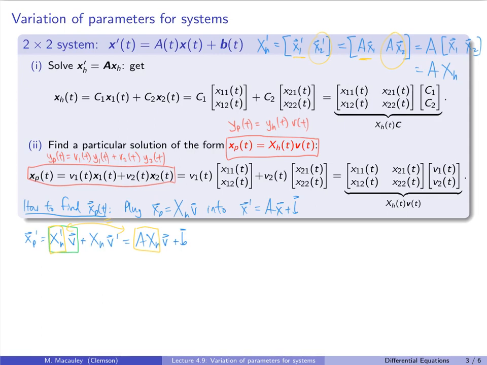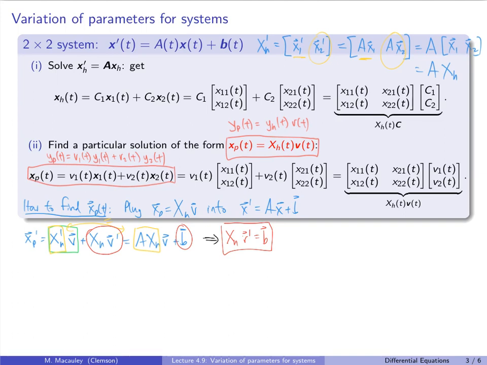So for this equality to hold, this term xh times v prime has to be equal to b. So that implies that xh times v prime equals b.